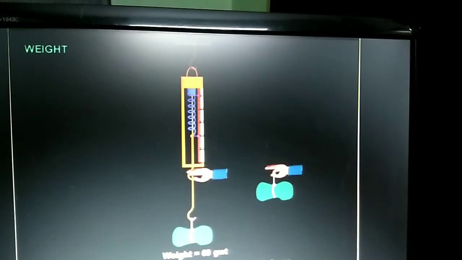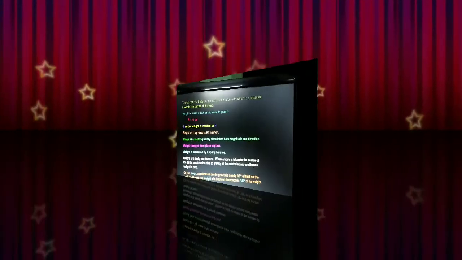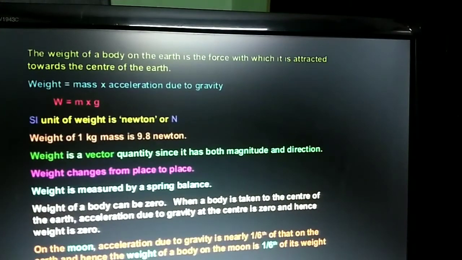Weight of a body is a vector quantity and it is measured by spring balance. The weight of a body on the earth is the force with which it is attracted towards the center of the earth. That is, when the mass of the body is under the influence of gravitational force, it is called its weight.